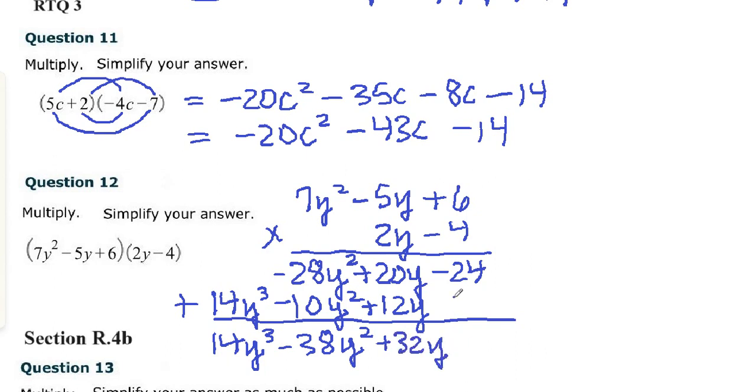Y. And -24 and 0, -24. And there's our answer. And it's simplified. We combined all our like terms. So that's the easiest way, I think, to do 2 terms times 3 terms, is to do this vertical multiplication.